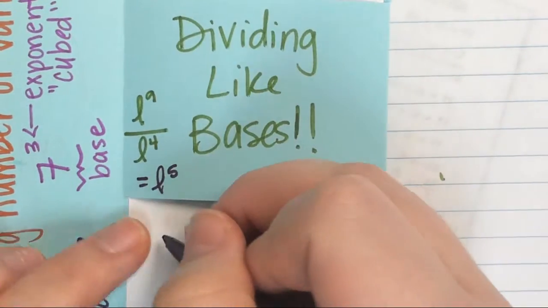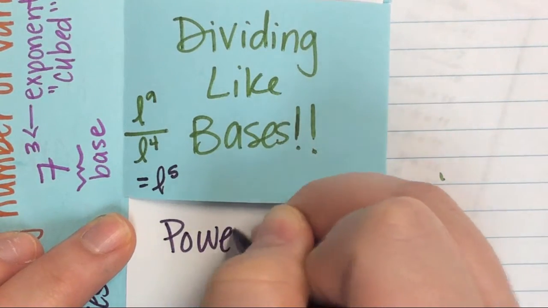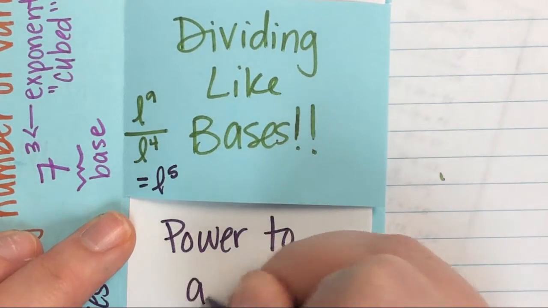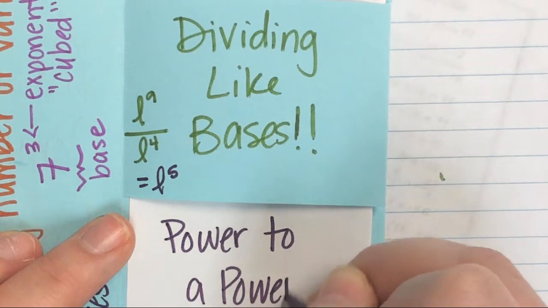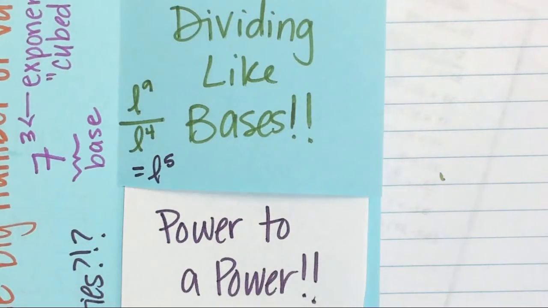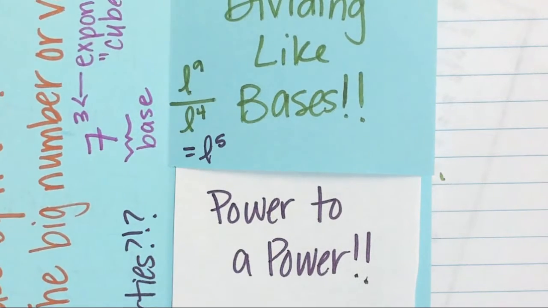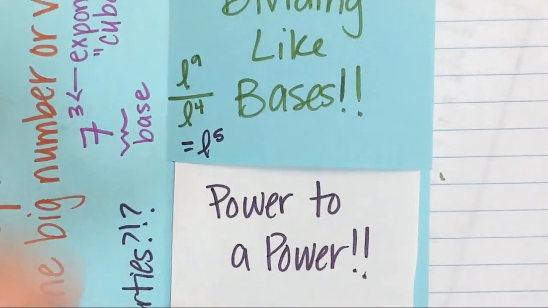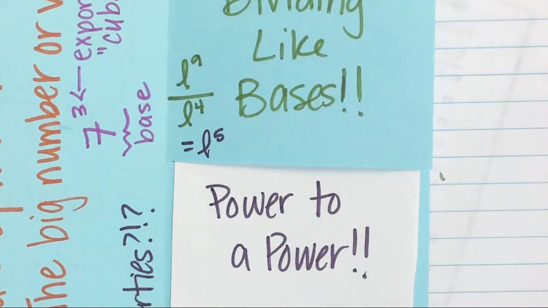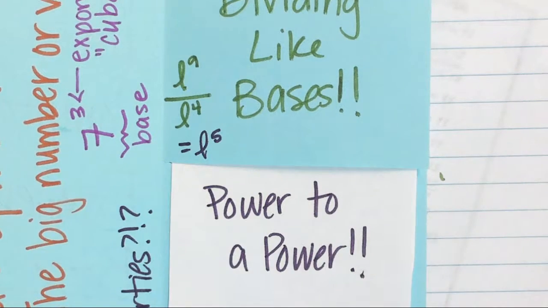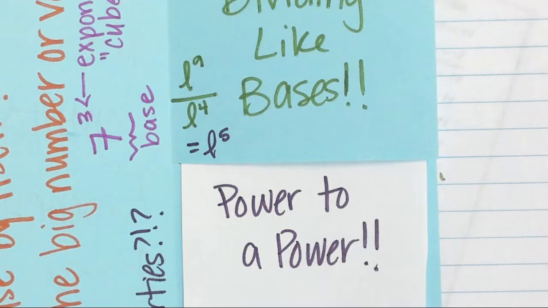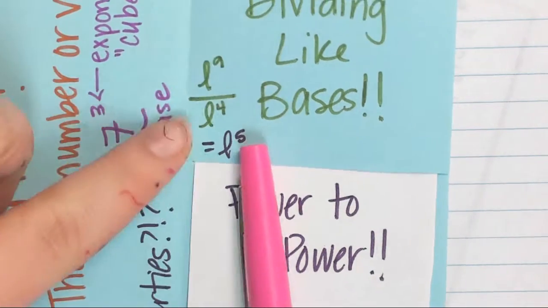Power to a power. Now, before we go crazy, remind me, in this example, what is the base? This one from yesterday. Big number or variable size. Okay, but what is it in this one?